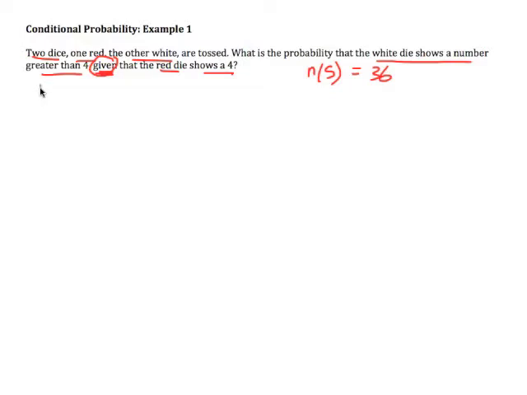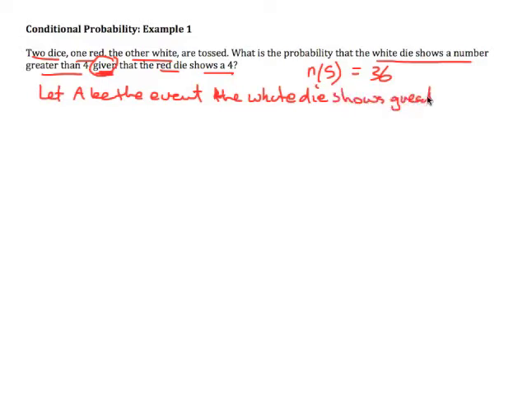Alright, so we're going to say let A be the event of the white die shows greater than 4.